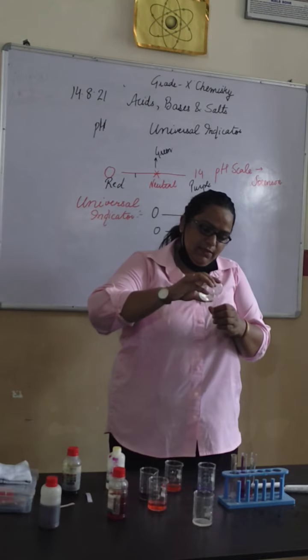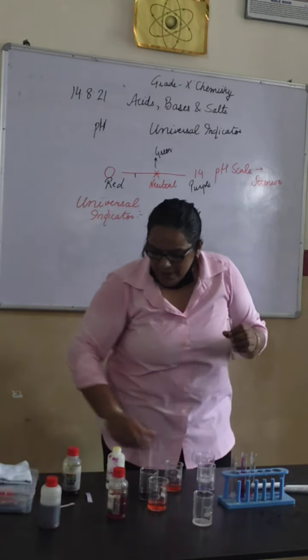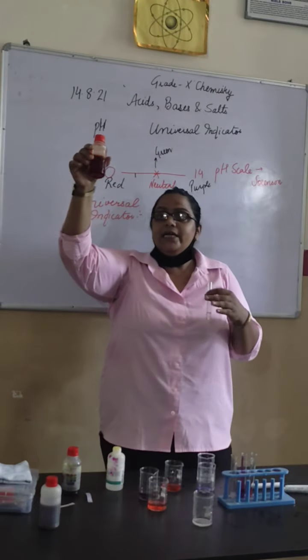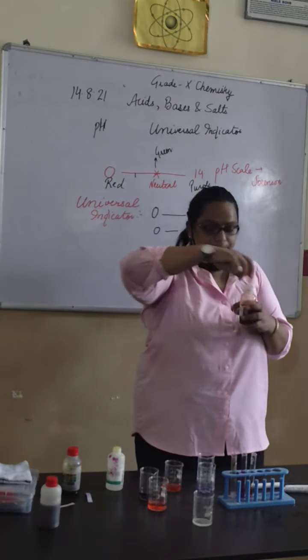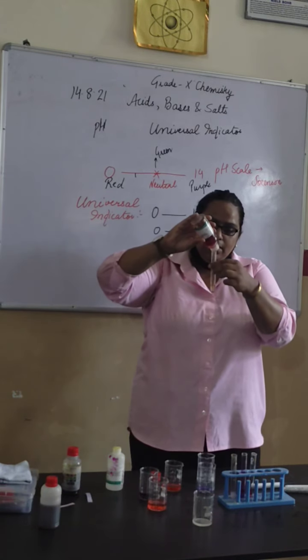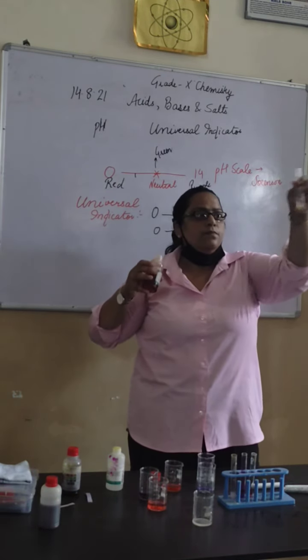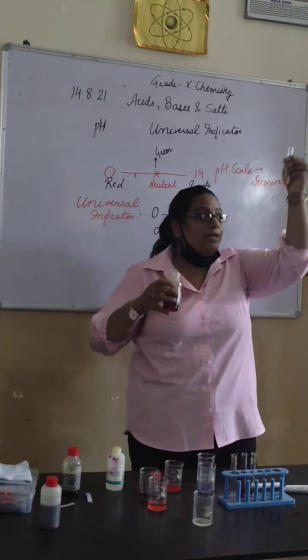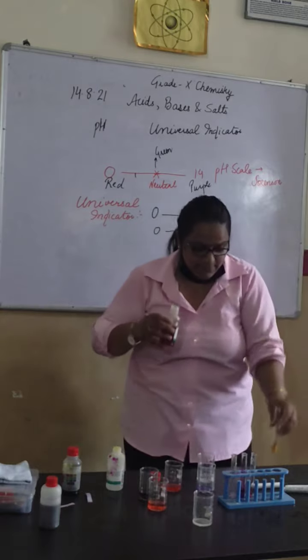Okay. Now I have another indicator. Suppose now I am testing it with methyl orange. What is its natural color? Orange. It gives yellow color with base. So it must be some base.